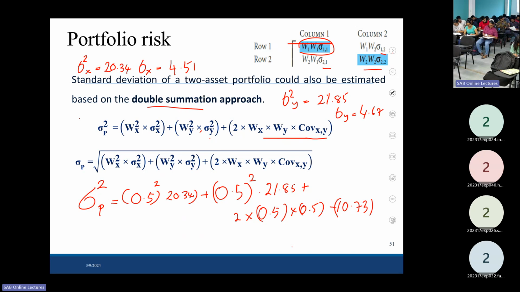So then you will get the variance, how much is it? 5.19 is the variance.